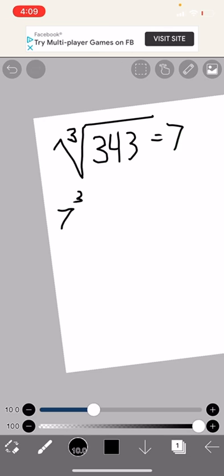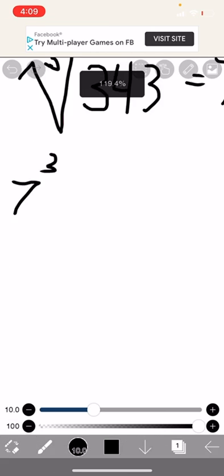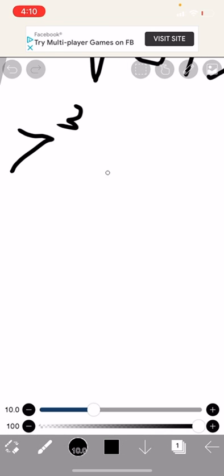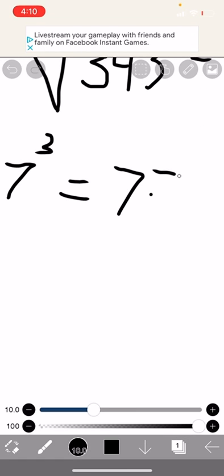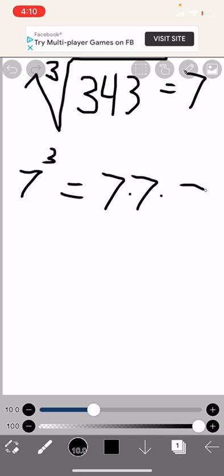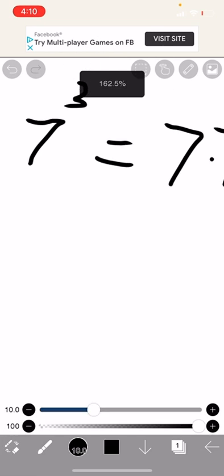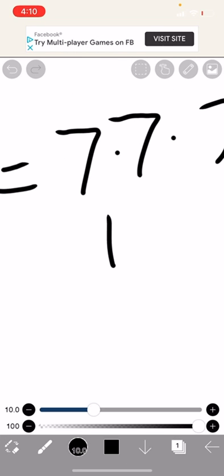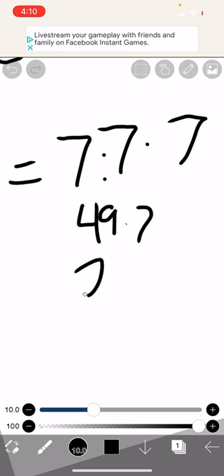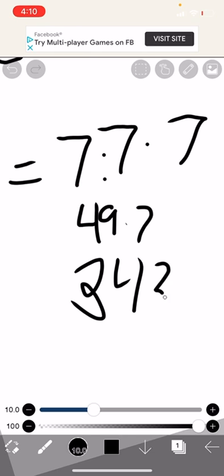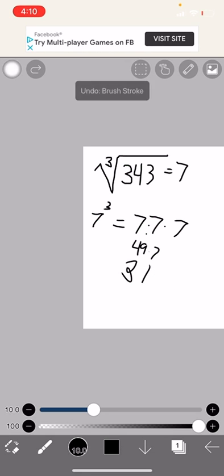Let me explain. 7 cubed, which is 7 to the 3rd power, is equal to 7 times 7 times 7. So this would just be 49, and then times 7, which is equal to 343. It's that simple.